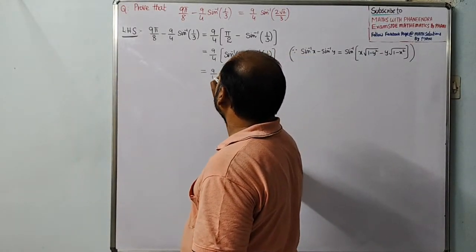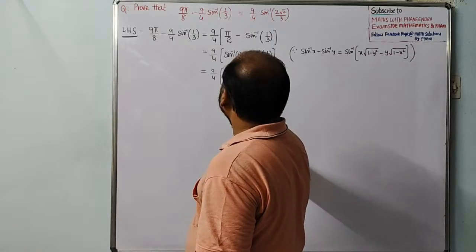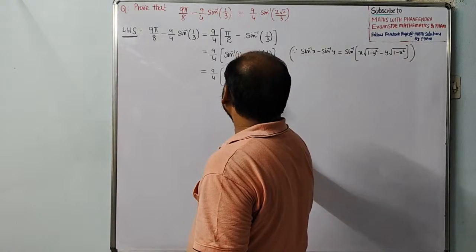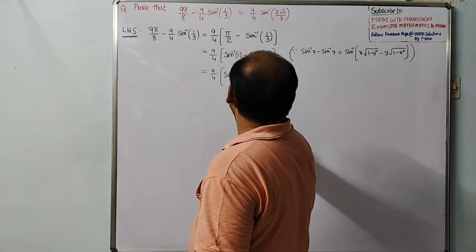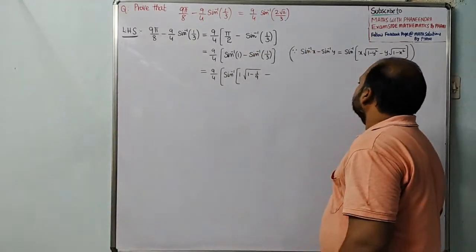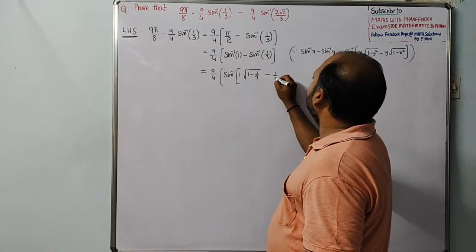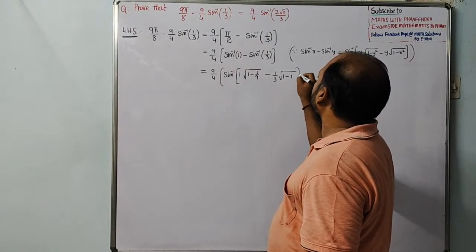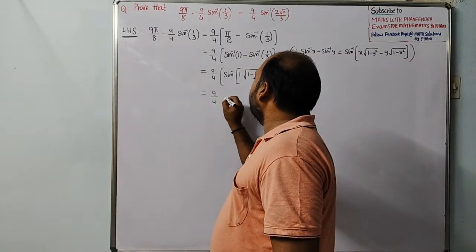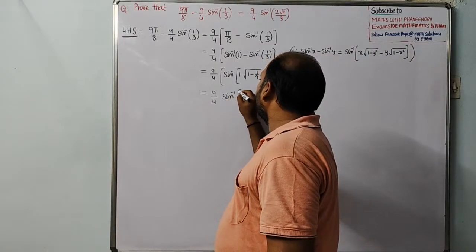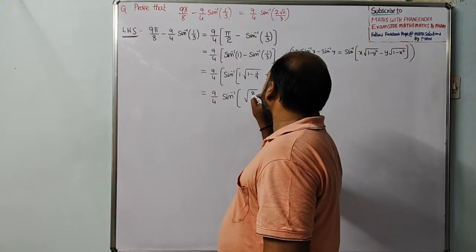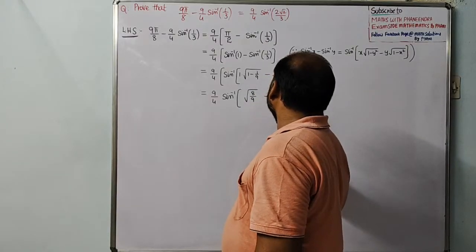You will get 9 by 4 into sine inverse of x, which means 1 into root of 1 minus 1 by 3 whole square, minus y, which means 1 by 3 into root of 1 minus 1. So that is 9 by 4 into sine inverse of 9 minus 1, 8, so root 8 by 3, minus 0.